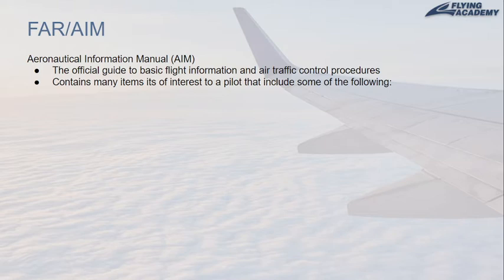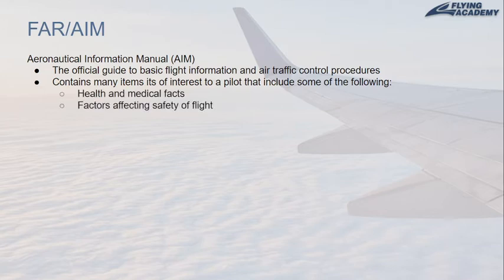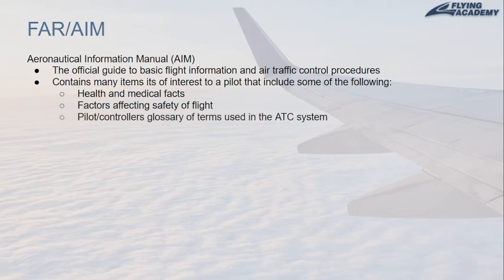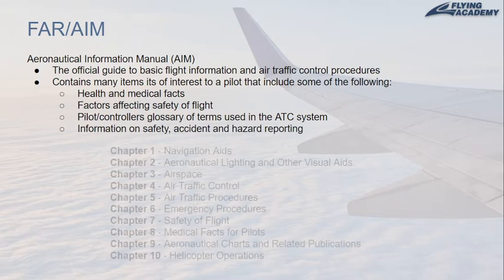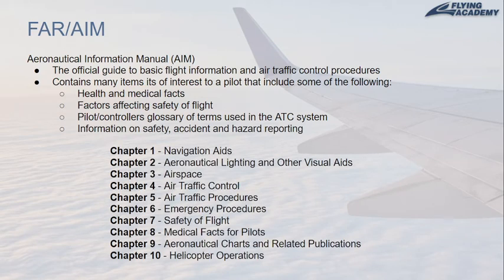It contains a variety of topics that are of interest to pilots, and if you're unsure of certain procedures or anything related to aviation in general, the AIM is a good source of official information. Some of these include health and medical facts related to aviation, factors affecting safety of flight, some of the terms used in the ATC system, and safety, accident, and hazard reporting. These are the 10 chapters that are in the AIM.